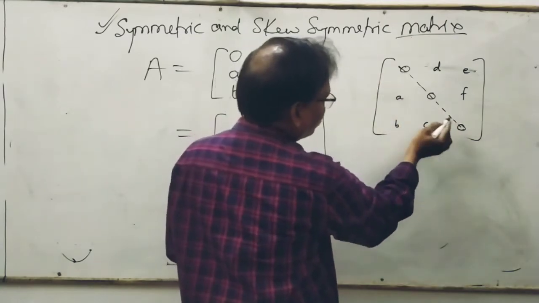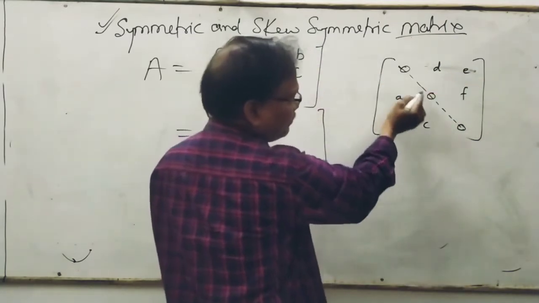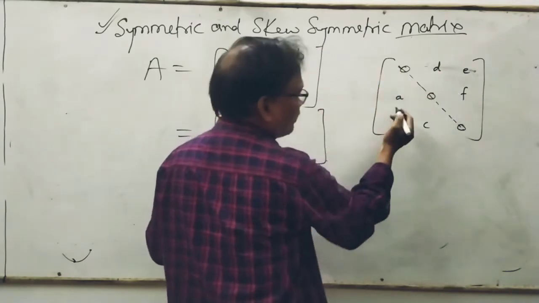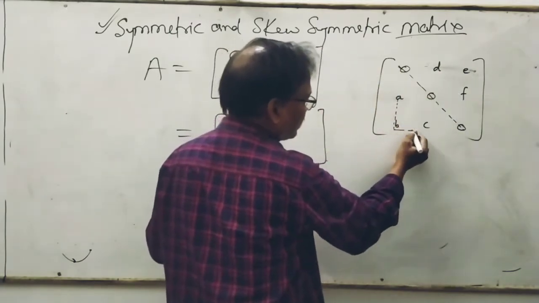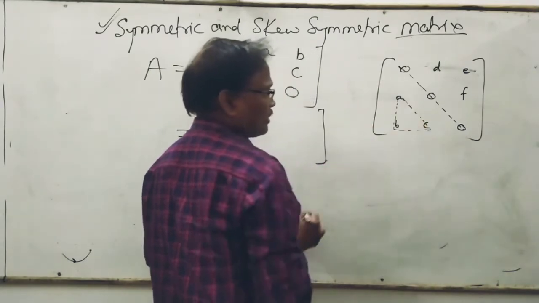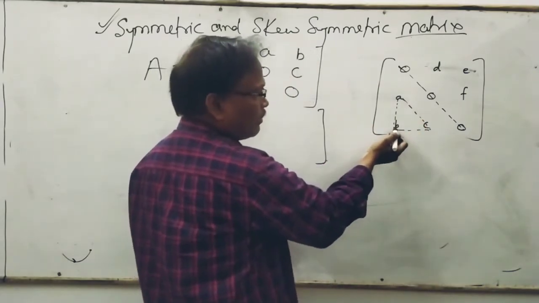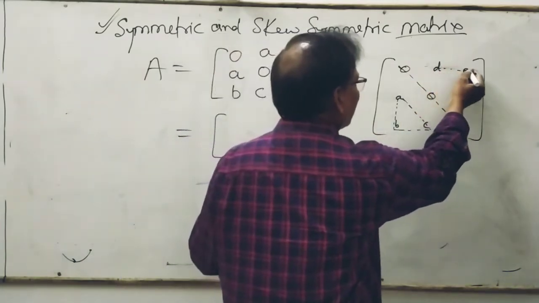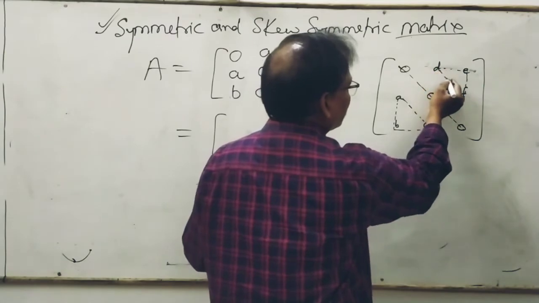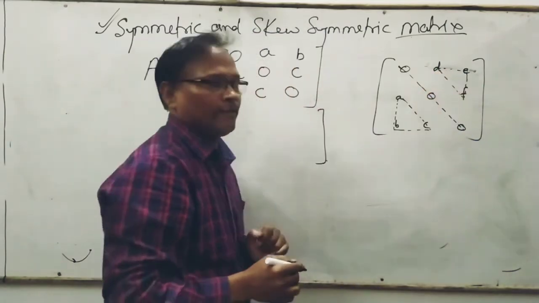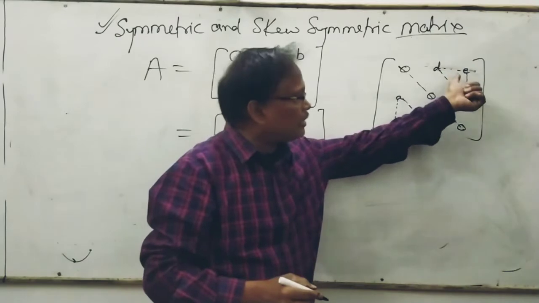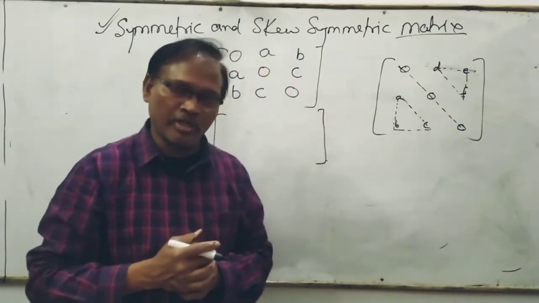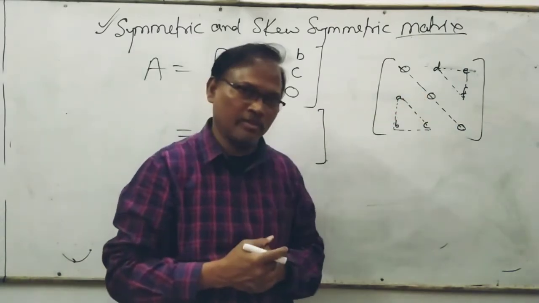This is the primary diagonal, this is the secondary diagonal. हम बात कर रहे हैं primary diagonal की, and the elements below the primary diagonal, if you draw a triangle here like this, this is called the elements of the lower triangle, इसे lower triangle कहते हैं, and this is the element of the upper triangle. तो lower triangle and upper triangle, just below the primary diagonal and above the primary diagonal.